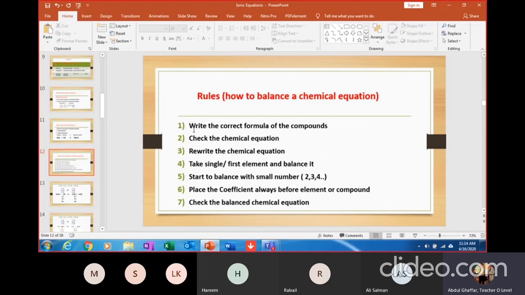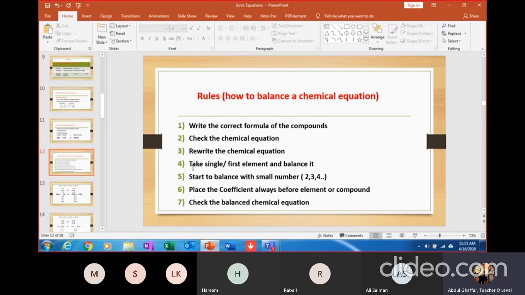First of all, write the correct formula of the compounds and the correct element symbols, right? Then check the chemical equation. You have to check how many hydrogen, how many carbon, how many nitrogen atoms there are. Then you have to rewrite the chemical equation.